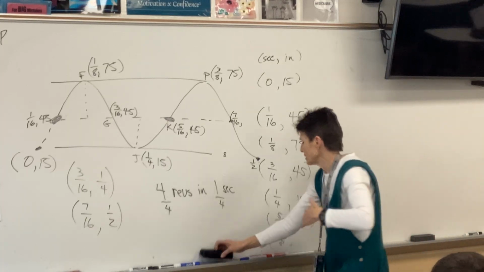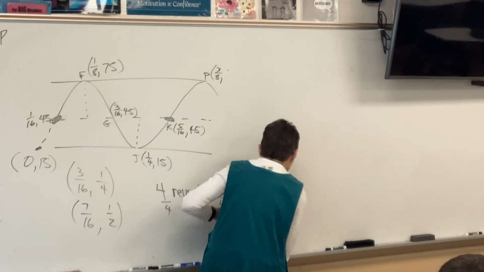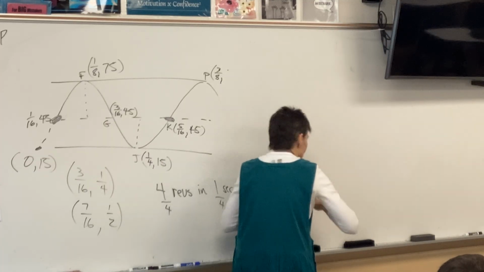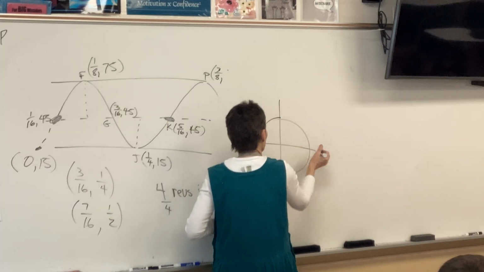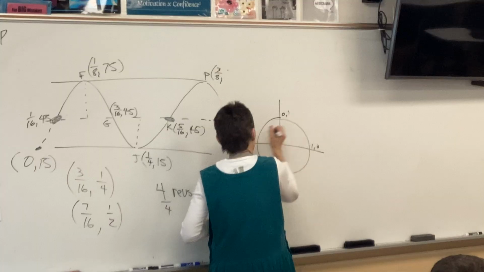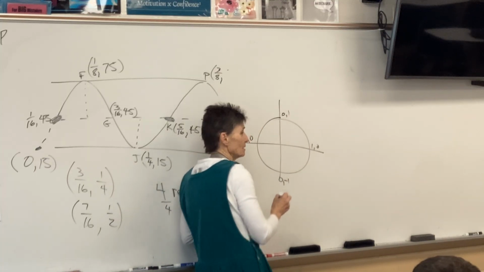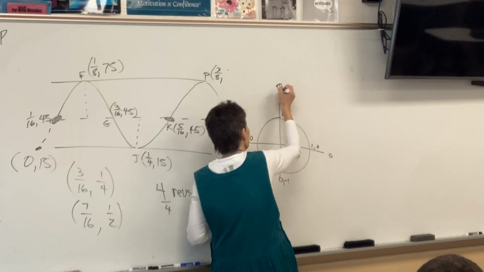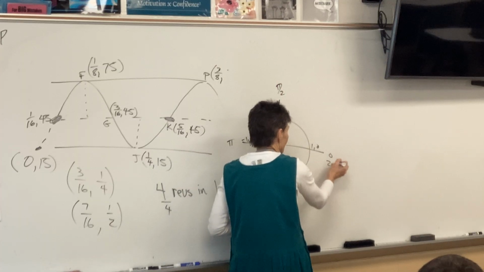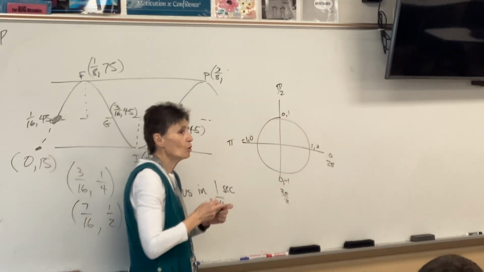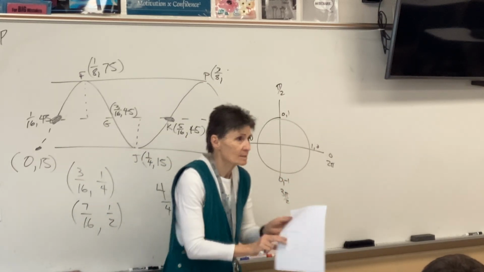Aren't they all quadrantal, on an axis? So you should not struggle at all with this page. Your angles are all right here on an axis. So if you remember where your angles are, then you should have no problem at all answering these questions.